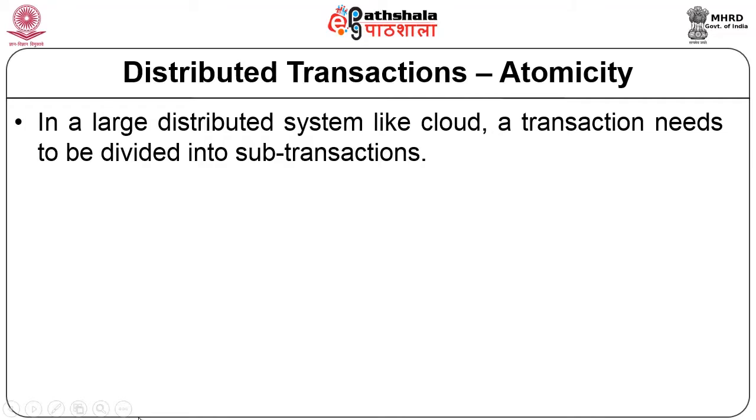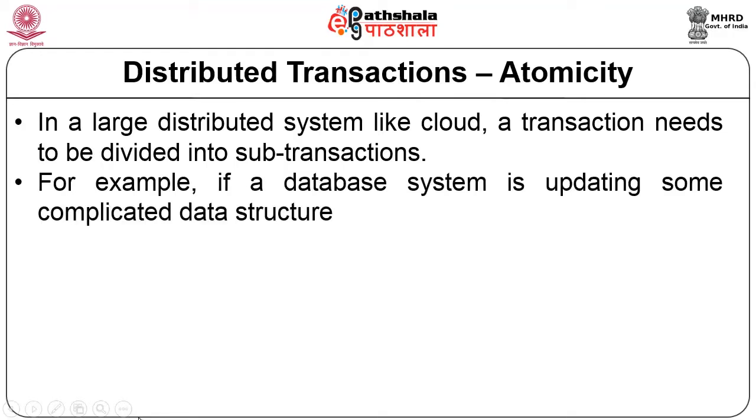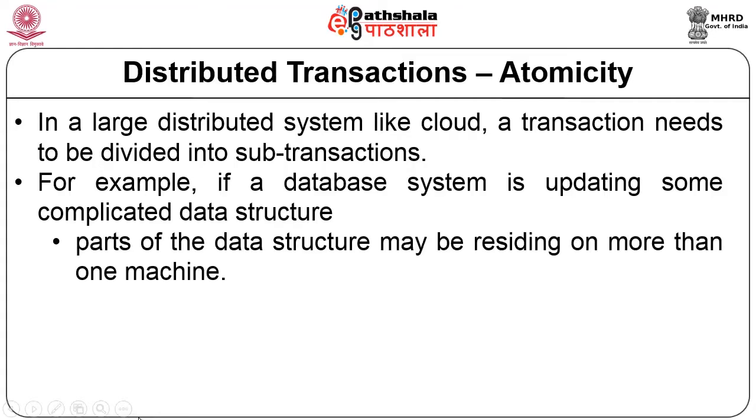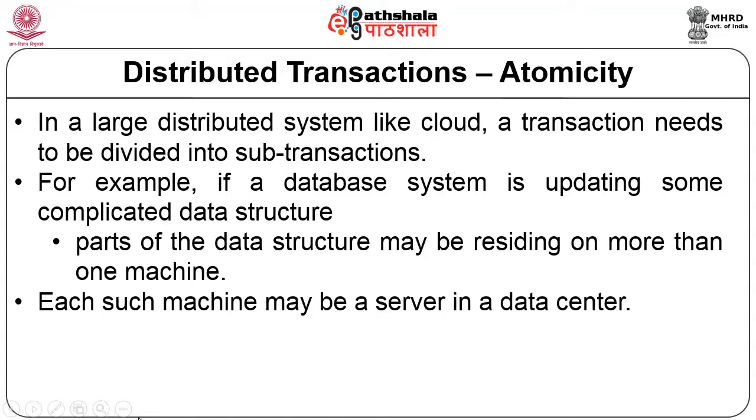So, what is atomicity? In a large distributed system like the cloud, a transaction needs to be divided into smaller sub-transactions. As an example, a database will be updated. Maybe we have a large data structure and we want to update it. Different parts of this data structure will be residing on different servers.